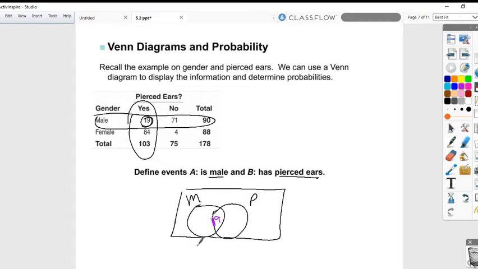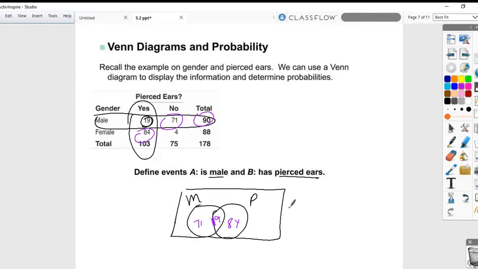All right, now male total is 90. 90 minus 19 is 71. Do you see it there? Here, total pierced ears is 103. 103 minus the 19 I already have in there is 84. So if you're going to do it with the Venn diagram, as you do the problem inside of the Venn diagram, you're already subtracting out your doubles.